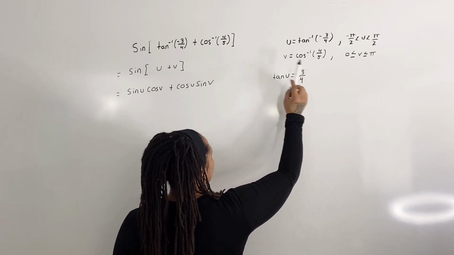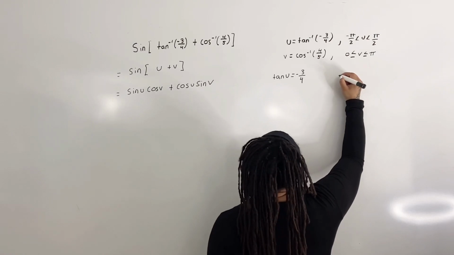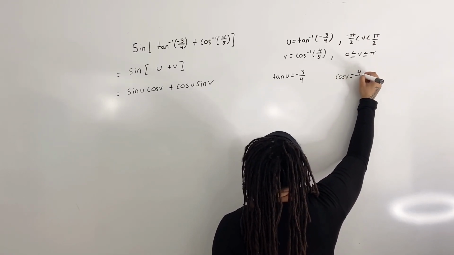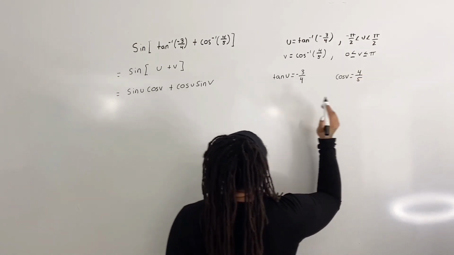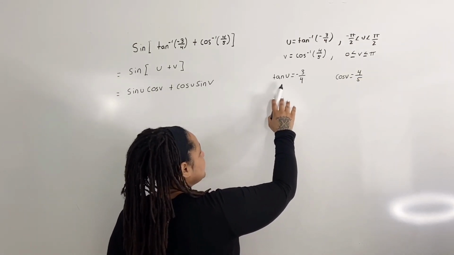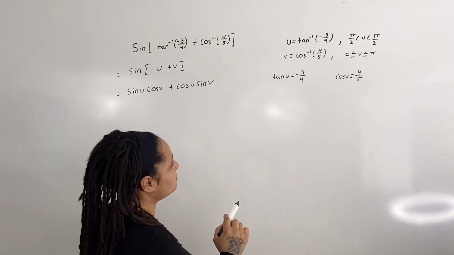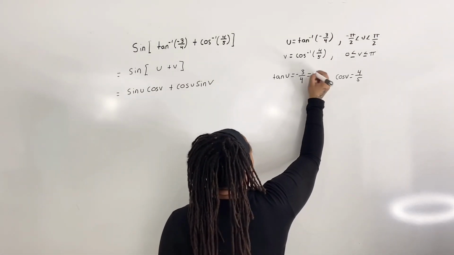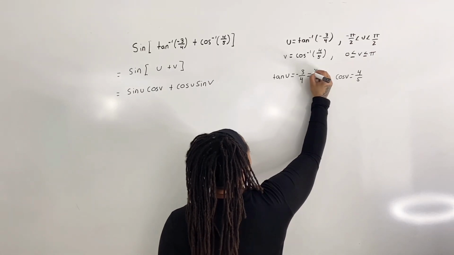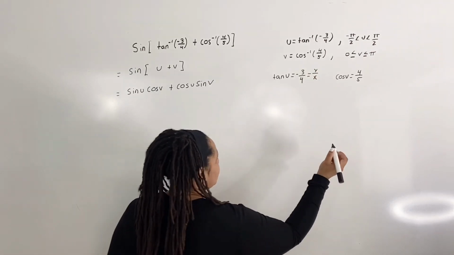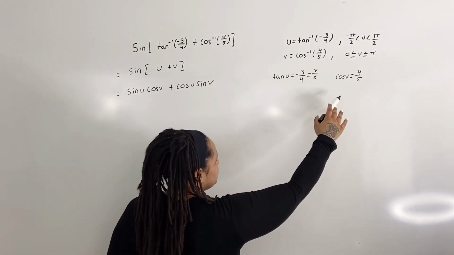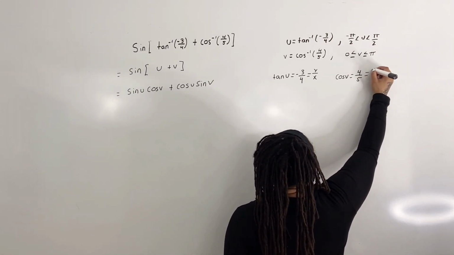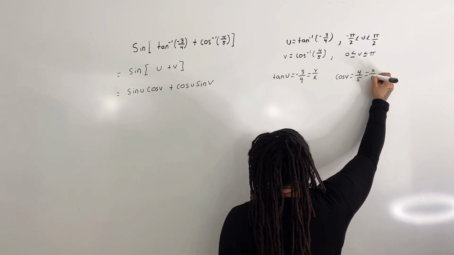So we can take cosine of both sides to get cosine of v is equal to 4/5. Now we also know that tan of an angle takes on the value y over x. And we know that cosine of an angle takes on the value x over r.